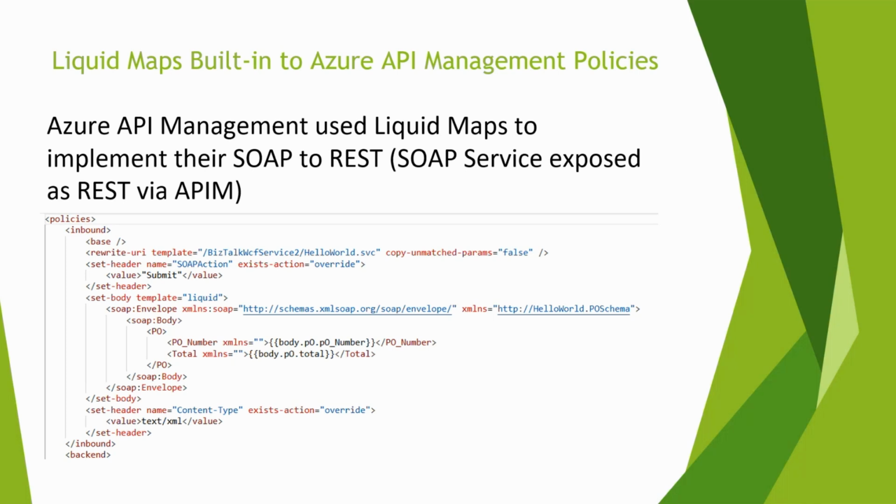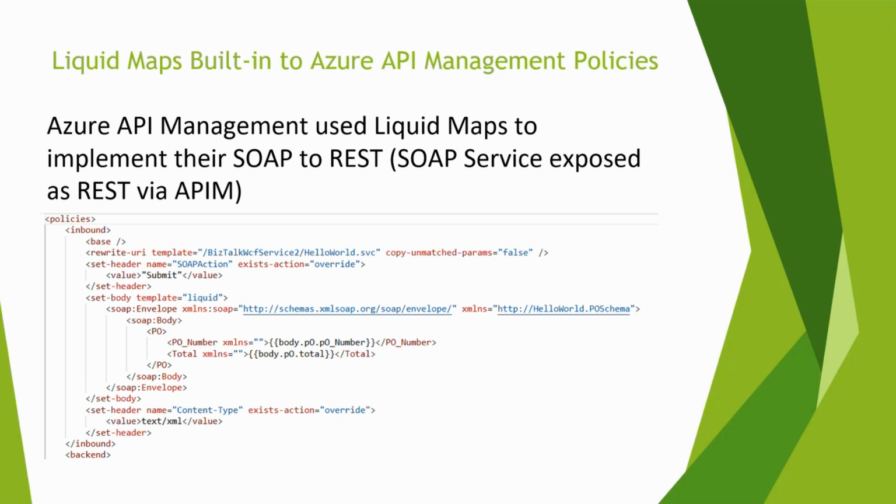One of the neat features that they've implemented in API Management is a SOAP to REST feature, which means that you can point at your SOAP service with API Management, and it will generate the API Management policy that will expose that data as a REST endpoint and then map that to XML and a SOAP envelope, all in a policy, so that any new things that you build can talk to the REST endpoint.